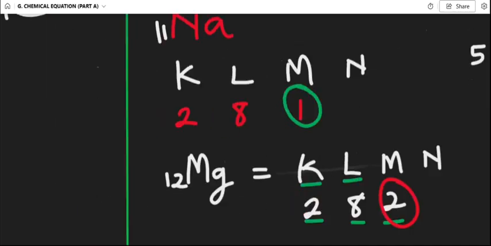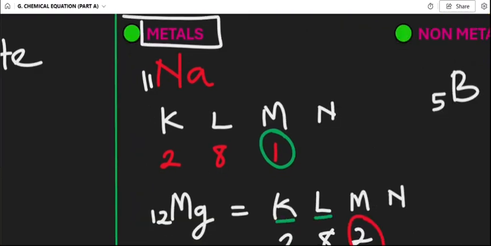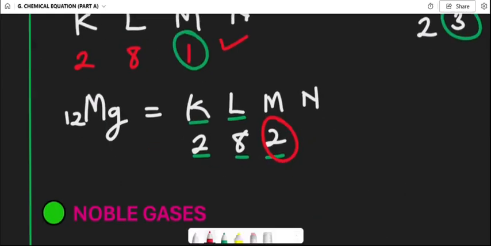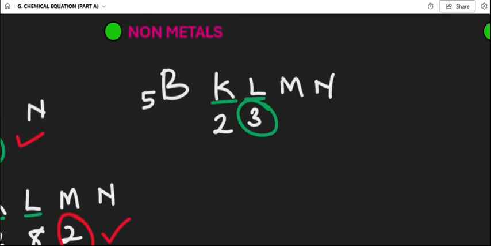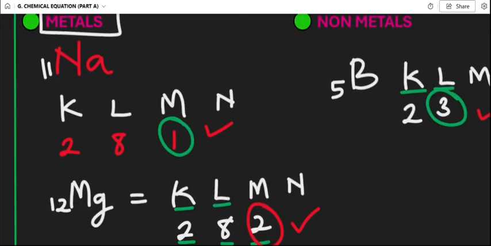But I need you to understand something. Anytime an element has a valency of either 1, like sodium, or 2, like magnesium, or 3, like boron, we usually refer to them as metals, because in the long run they will give out electrons.